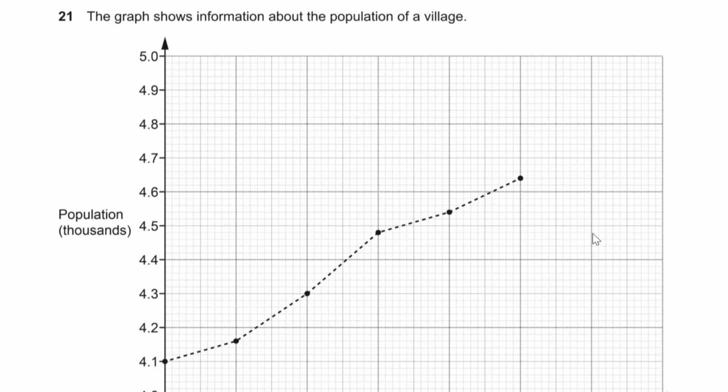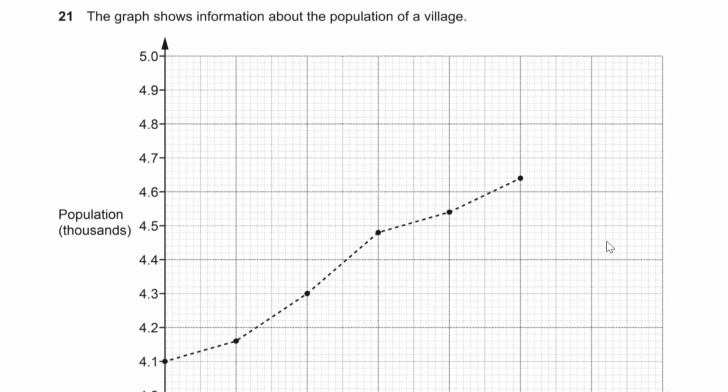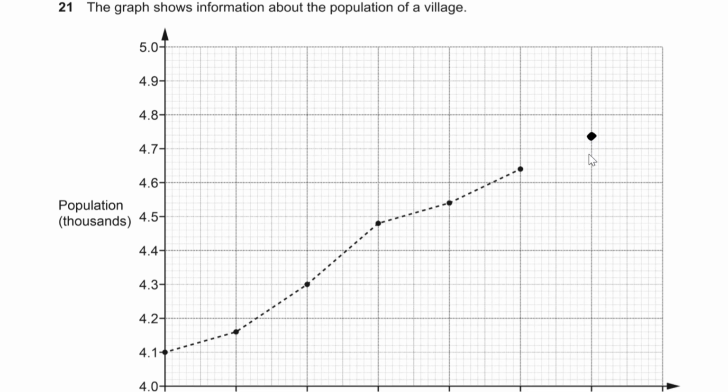So in 2021 we have 4.74 which we need to plot. So we have 4.7, then we have 4.72, 4.74. That would go here. So this point here is what we need to plot.